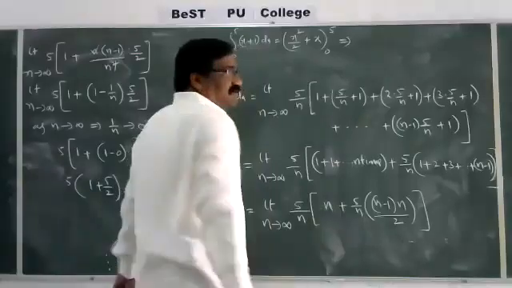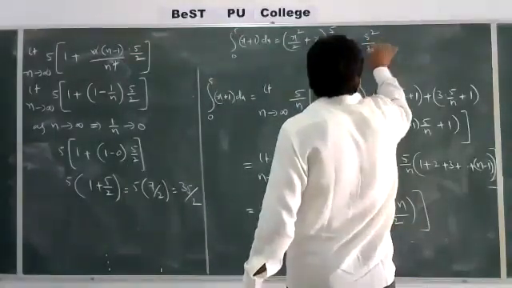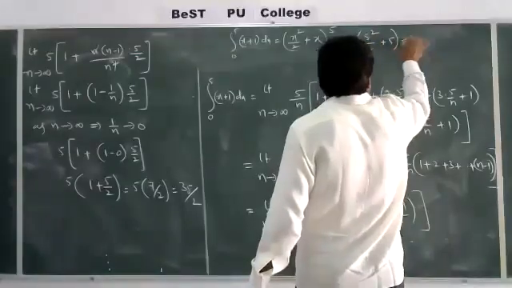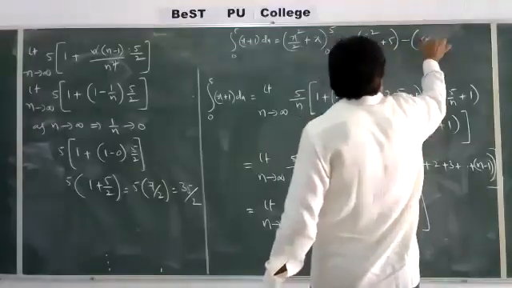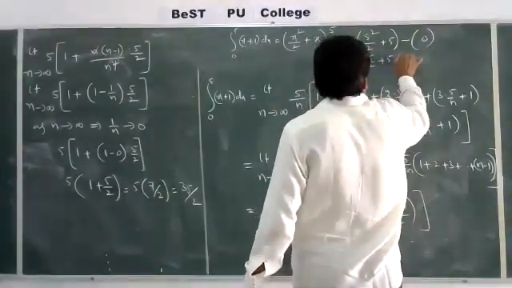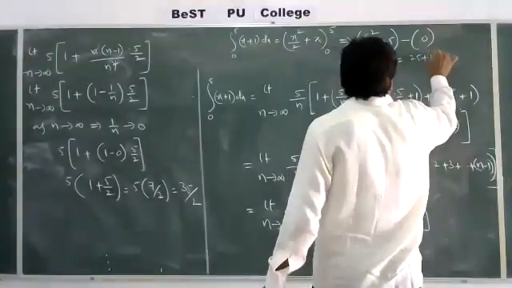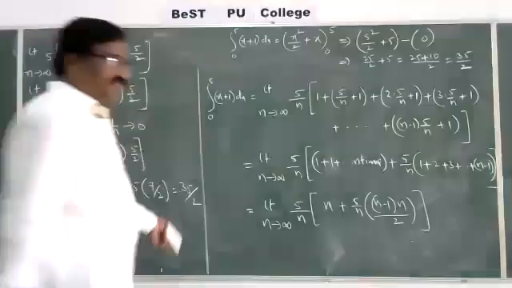Substitute the upper limit 5: 5 square by 2 plus 5, minus substitute the lower limit 0, this is 0, total 0. Simplify this: 25 by 2 plus 5. Take LCM: 25 plus 10 by 2, that is 35 by 2.